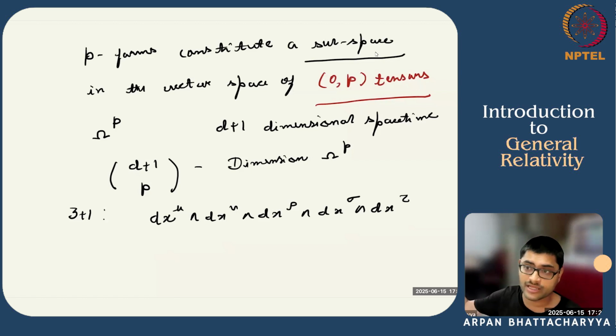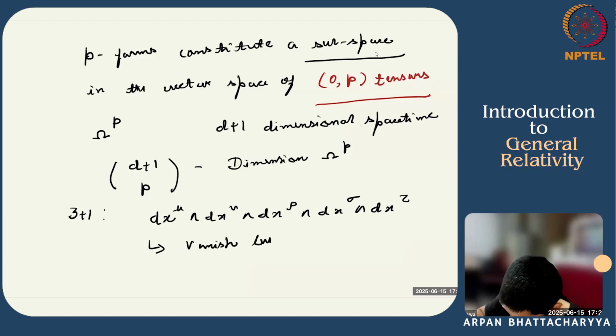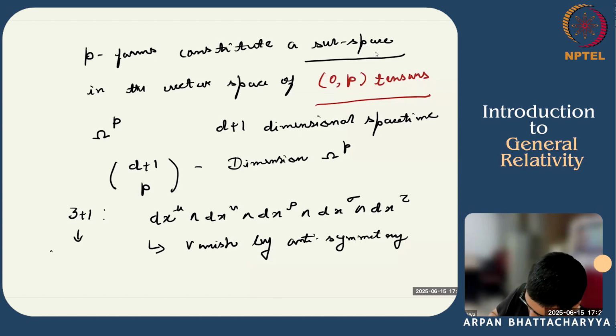So remember our discussion about Levi-Civita tensors. So if you try to write down this kind of elements involving 5 of these differentials, then in 3+1 dimension, at least 2 of the indices will take the same value. Hence, by antisymmetry, it will vanish. So you can have at most 4 forms in 3+1.